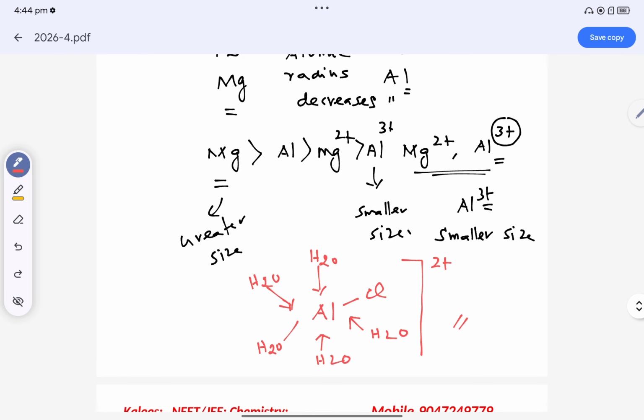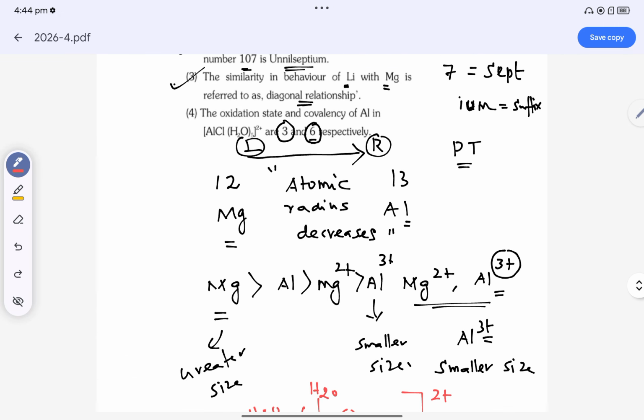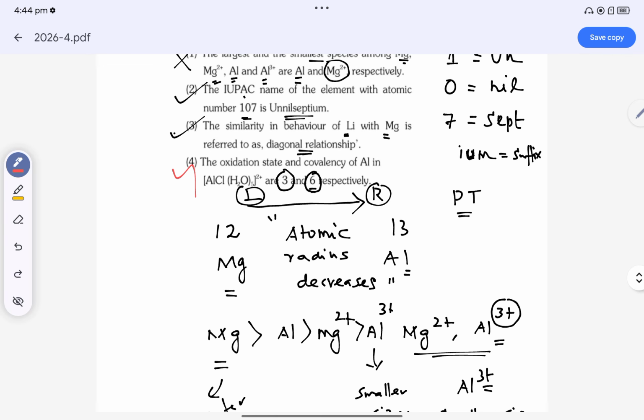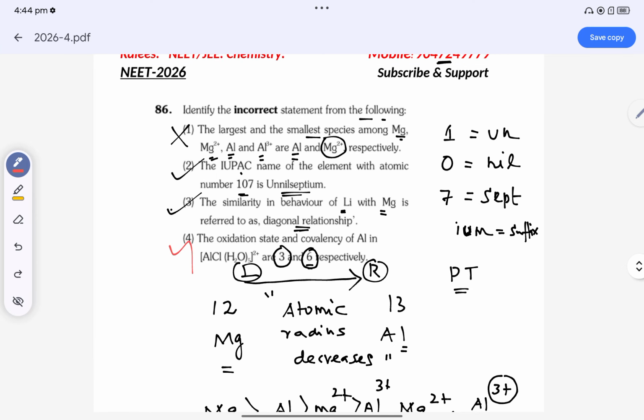So covalence is nothing but what I told just before: the number of covalent bonds and coordinate bonds. Here, 1, 2, 3, 4, 5, 6. So covalency is the number of covalent bonds plus coordinate bonds. So this statement is correct. Only one statement is found to be wrong. This is the first option.